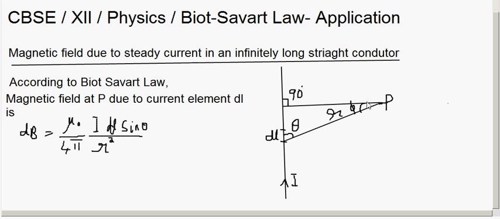Let the normal drawn from P to the straight conductor make an angle phi, and let the distance of this point from the current element be L, and let the length of this perpendicular be a.